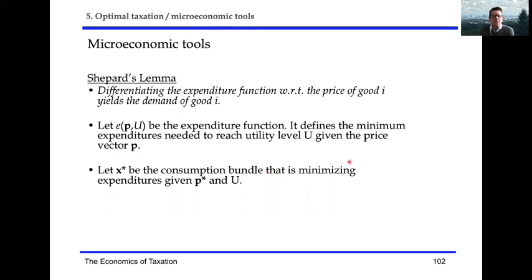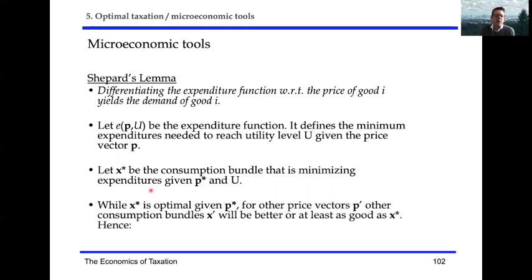It actually minimizes the expenditures given a certain price vector P star and a certain utility level U. Now, if x star is optimal, that is expenditure minimizing, given P star, then for some other price vector P prime, usually a different consumption bundle will do the job of minimizing expenditures.